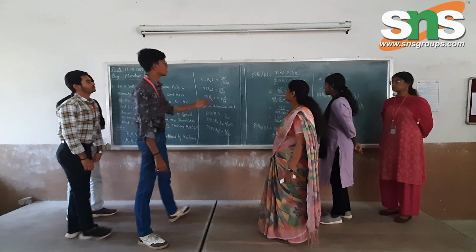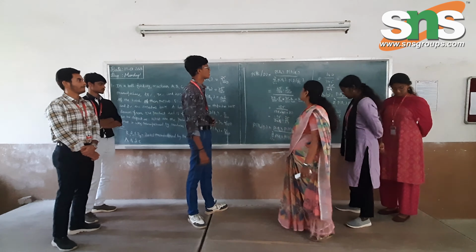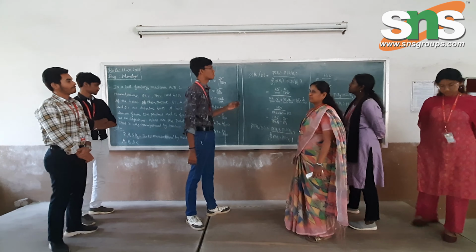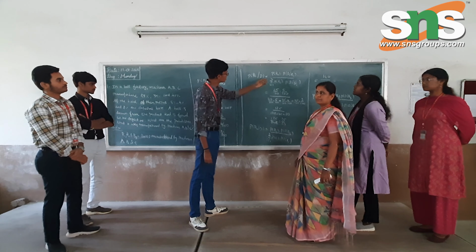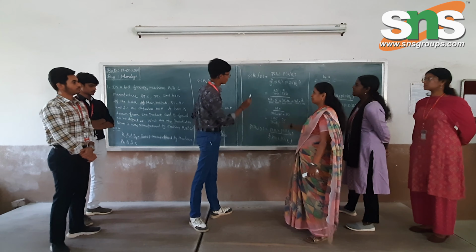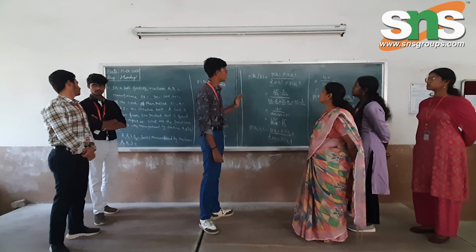Next, by Bayes theorem, P of B1 given D equals probability of B1 into probability of D given B1, divided by the summation of i equal to 1 to 3 of probability of Bi into probability of D given Bi.